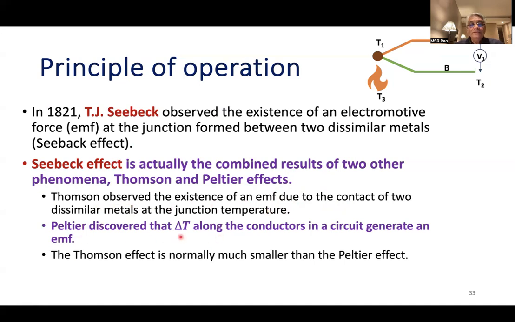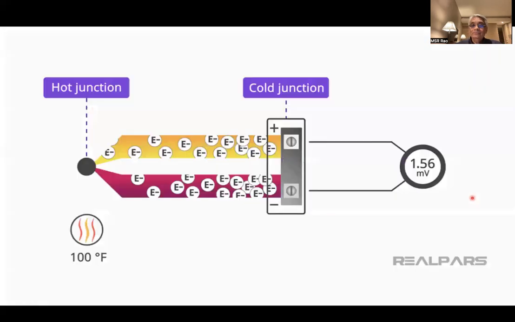Peltier also observed that a delta T along the conductors in a circuit can generate an EMF. In fact, the Peltier effect is the reverse of the Seebeck effect. Delta T can generate an EMF, and an EMF can generate a delta T. So today it's all about Peltier refrigeration. The Thomson effect is normally much smaller compared to the Peltier effect.